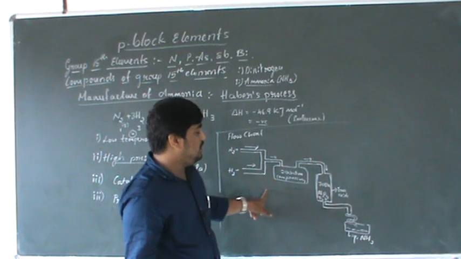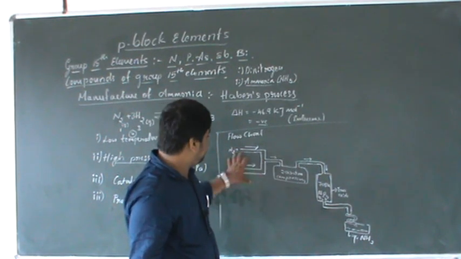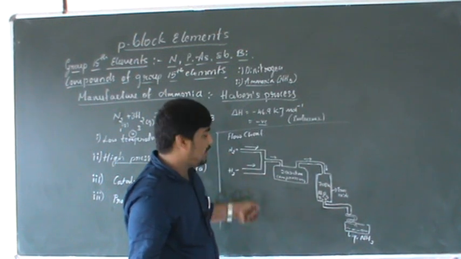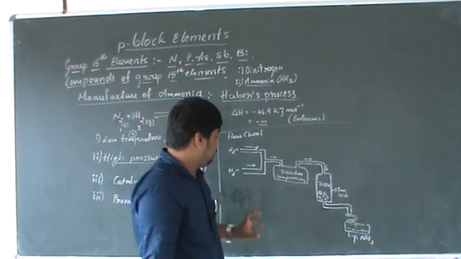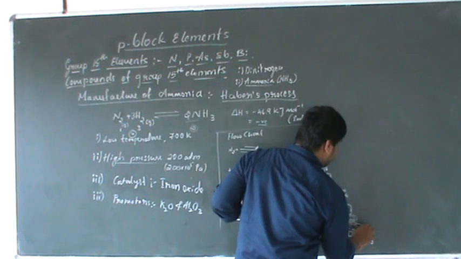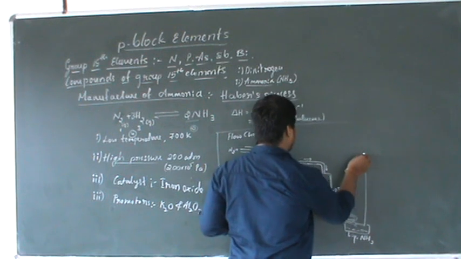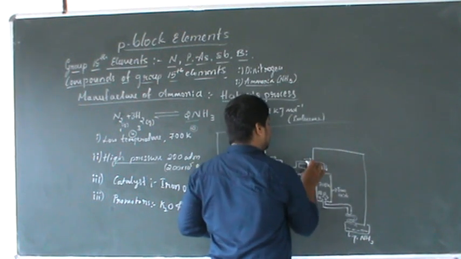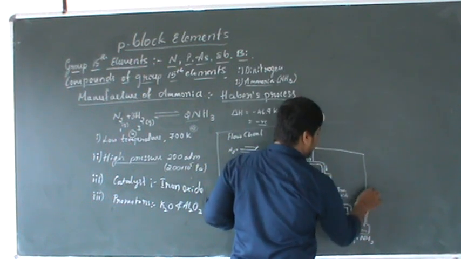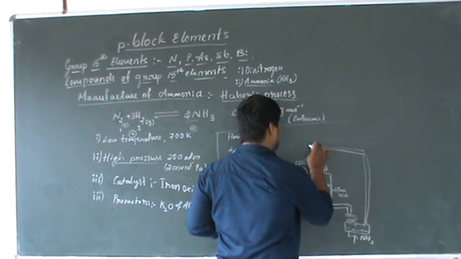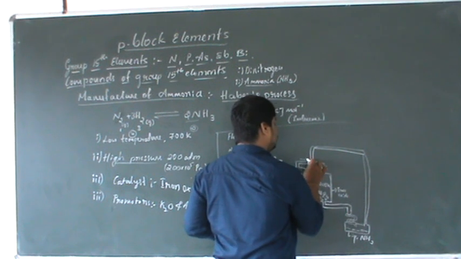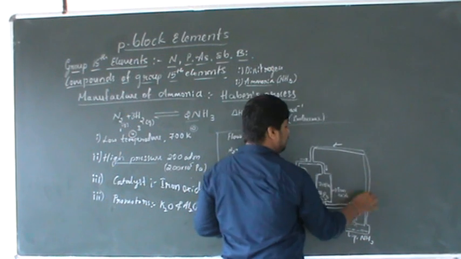Here there is a possibility of missing 1 or 2 moles of nitrogen and hydrogen molecules. This missed nitrogen and hydrogen gas is again pumped and recollected, and again passed through the compressor or directly through the catalytic chamber.